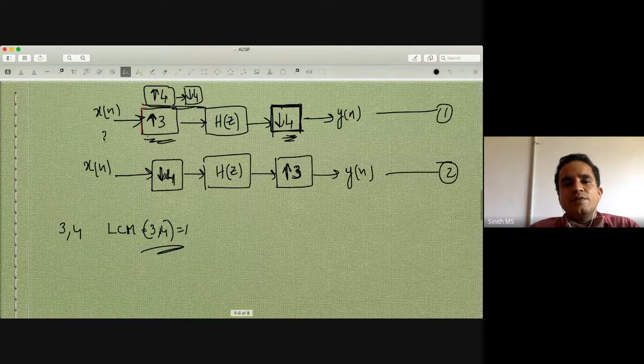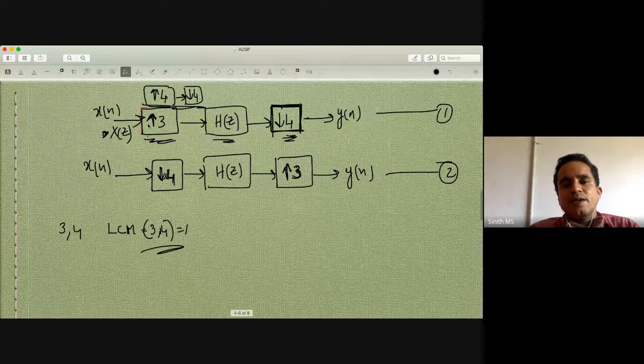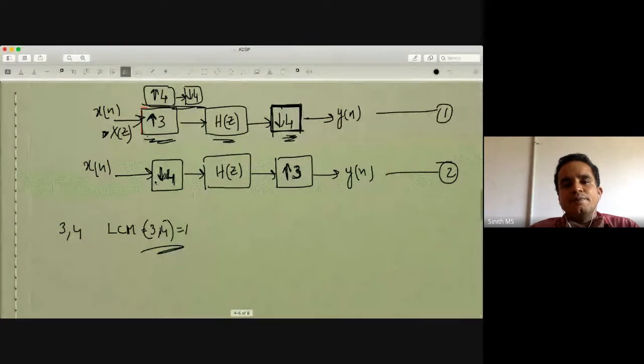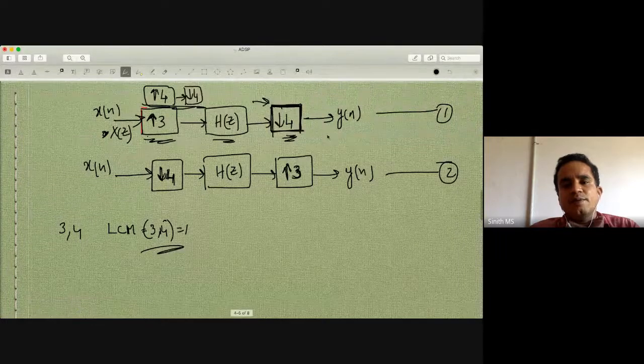Because if you have a signal x(n), it will have a z-transform X(z). So X(z) is processed along the path, and when you do downsampling, that is converted to the summation of X(W^k z^(1/M)) raised to minus k.